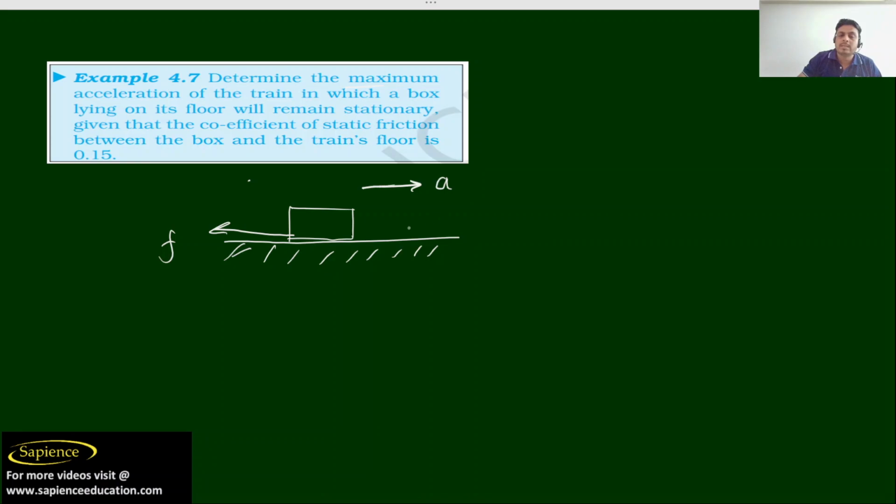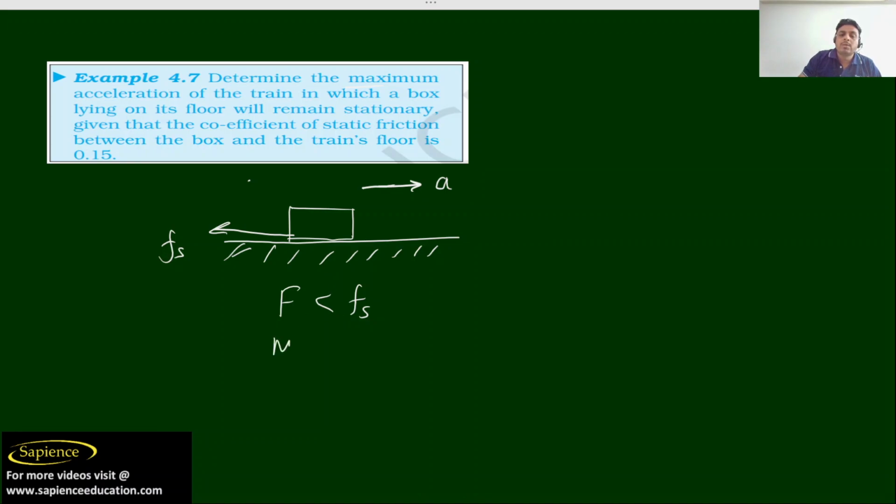Suppose acceleration is a and static friction is Fs. The force applied on this object must be less than the static frictional force.